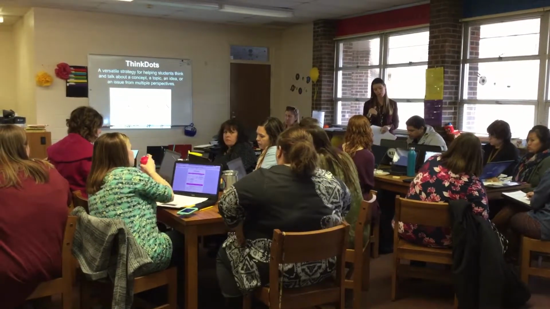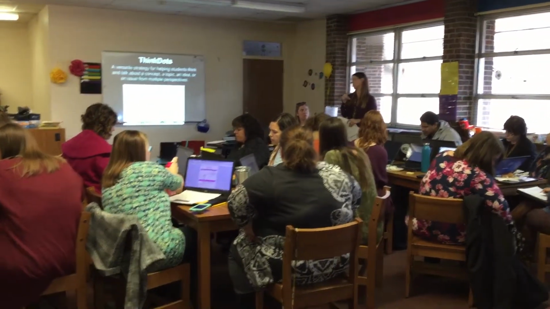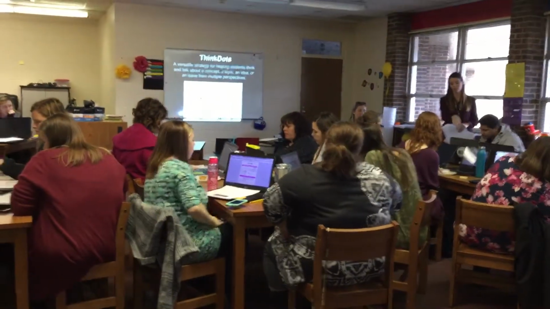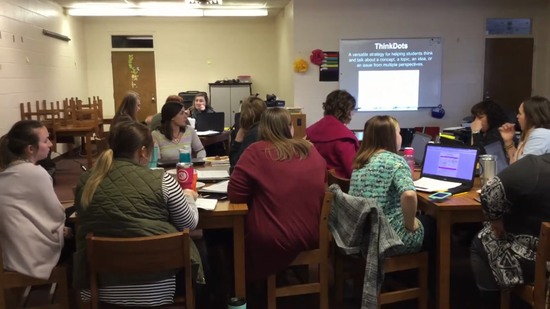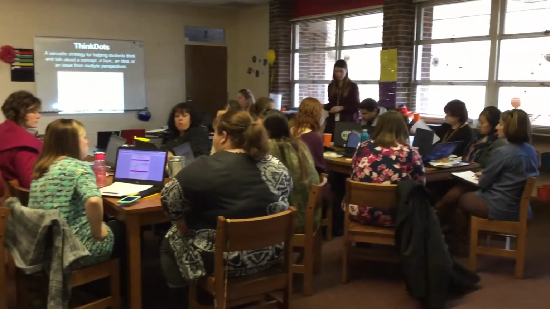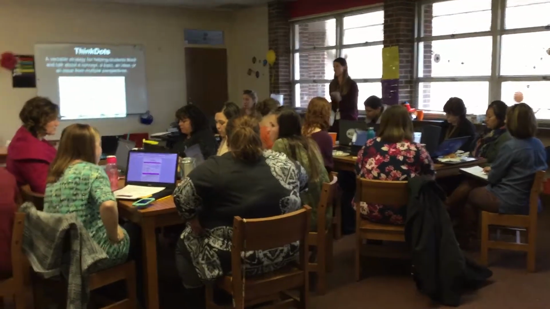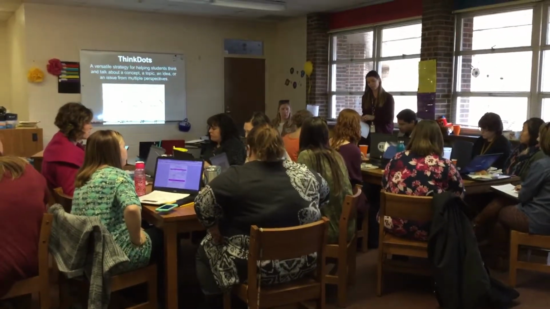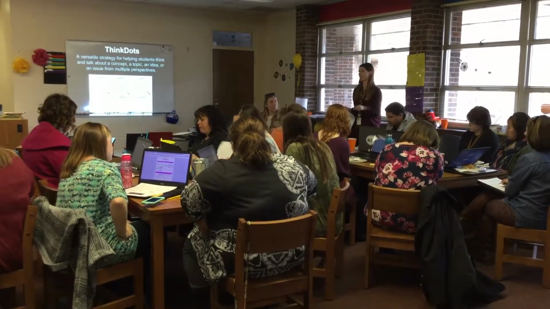On your Think Dot paper, just write down the name beside the person's number. So if Jessica rolled a 1, you're going to write Jessica's name there. And if Laura Jo rolls a 3, you're going to write her name there, so that everybody gets a different number. Once you've done that, that's your number that you're assigned, and you're going to complete the activity and be prepared to share that with the group.